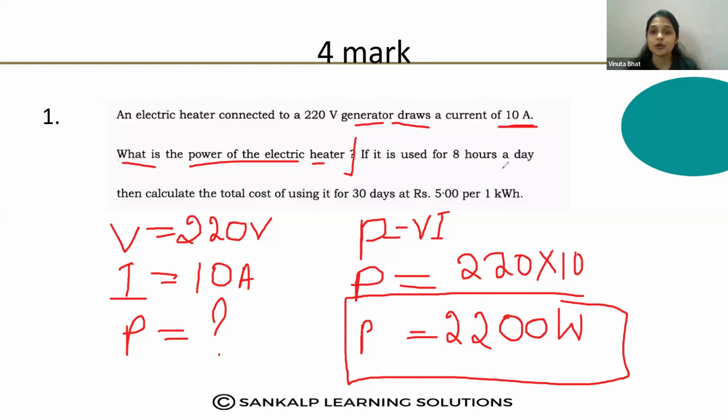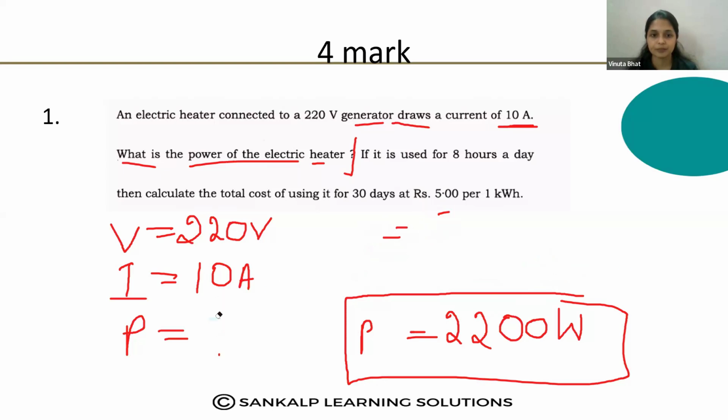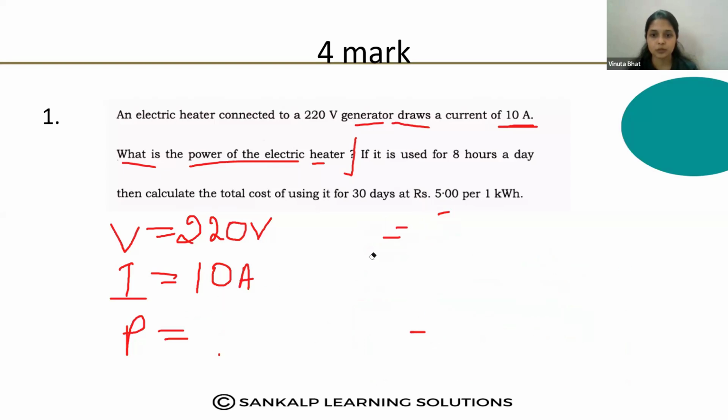If it is used for 8 hours in a day, then calculate the total cost of using it for 30 days at rupees 5 per kilowatt hour. So this electric heater is used 8 hours a day up to 30 days. What is the cost we have to find out? Now I will remove all these things. Only the power, 2200 watt.